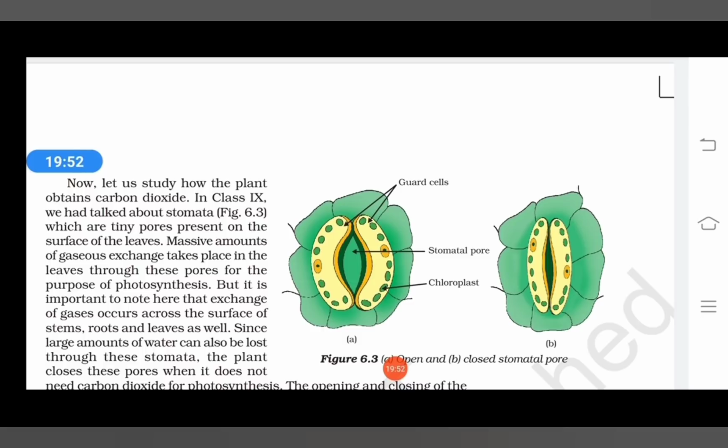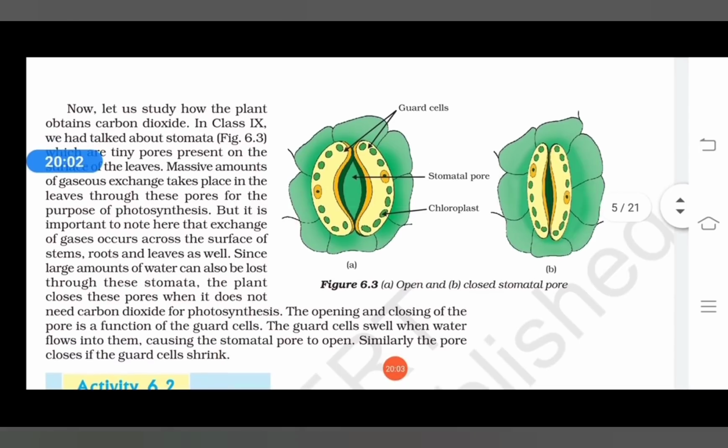But it is important to note here that the exchange of gases occurs across the surface of the stems, roots and leaves as well. Since a large amount of water can be lost through these stomata, the plant closes these pores when it is not needed, or when the carbon dioxide is not needed anymore.